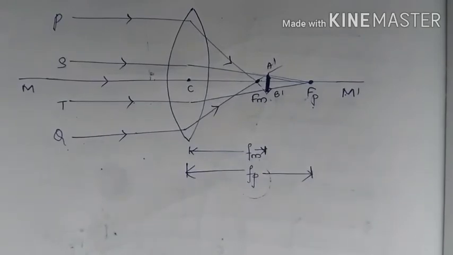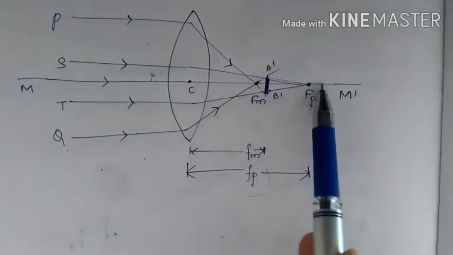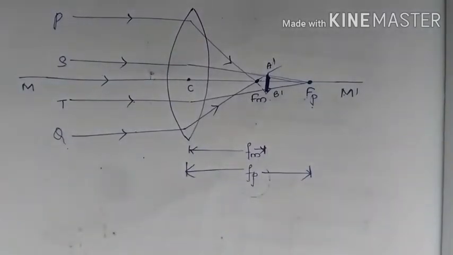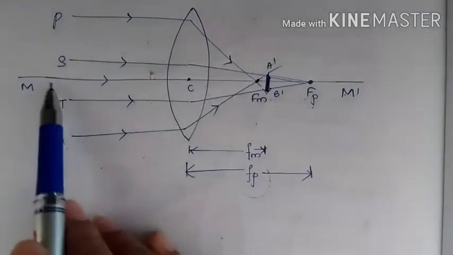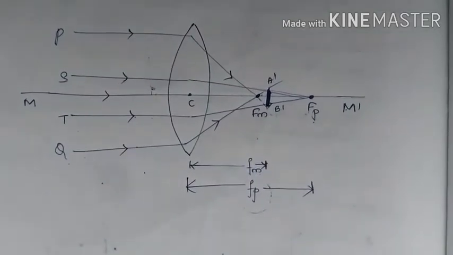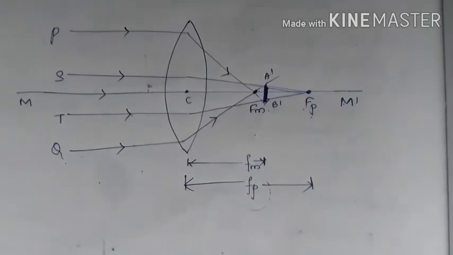Now, variation in image position. If here you have FM and here you have FP, there is a variation in the image position which is along the principal axis. That variation is known as longitudinal spherical aberration.